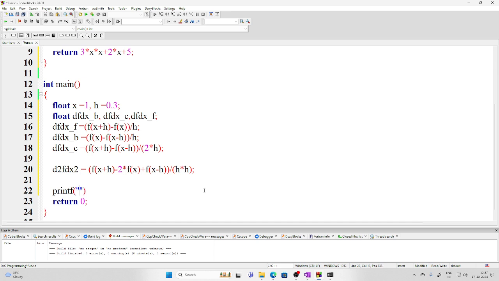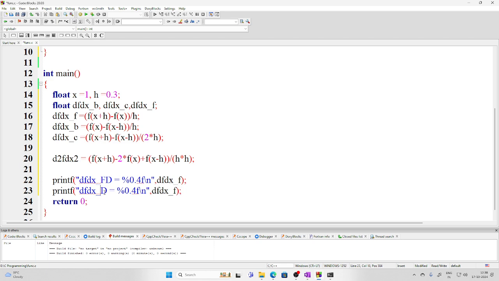Printf, the forward difference, first derivative, so it is df dx forward difference is equal to percentage f. Let's restrict to 4 decimal places, and then this is df dx forward, and then come to a new line, and then backward.